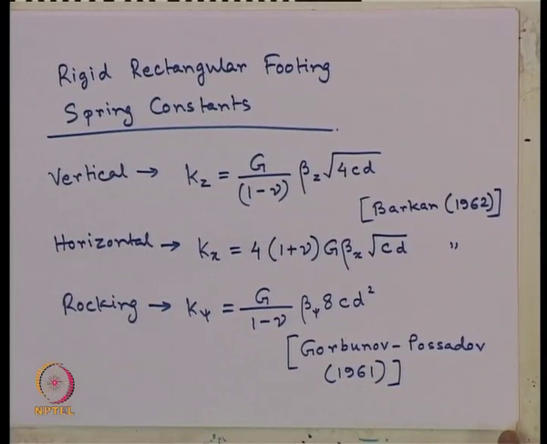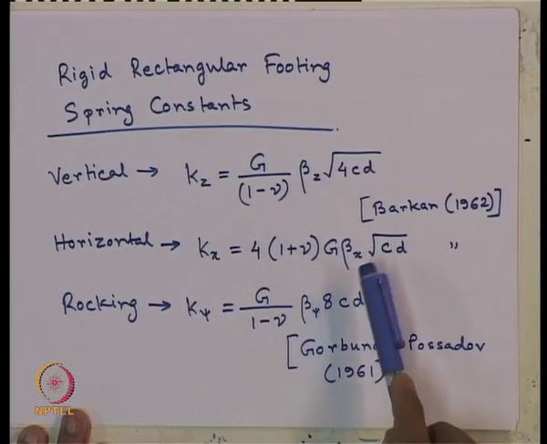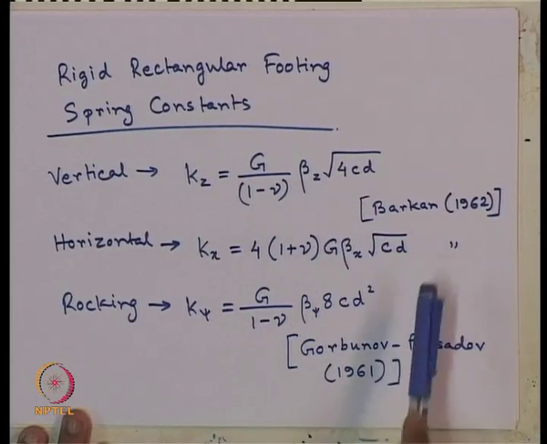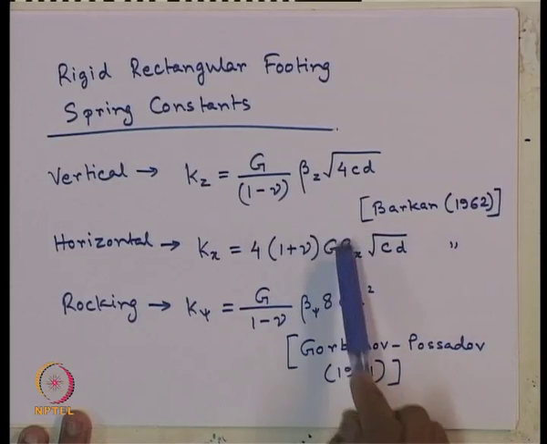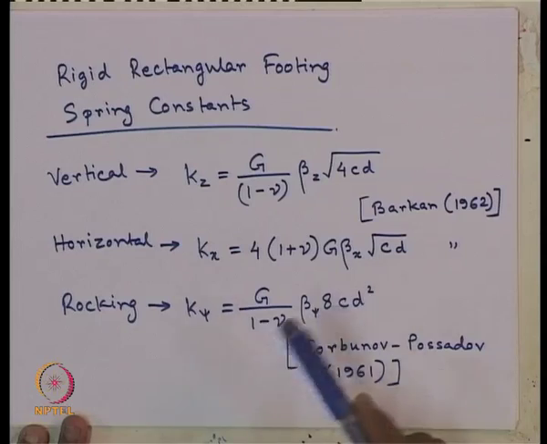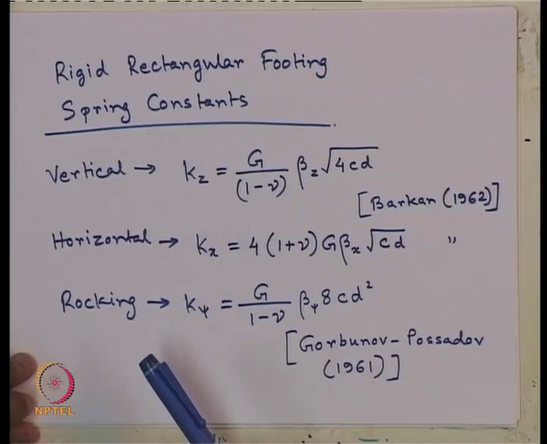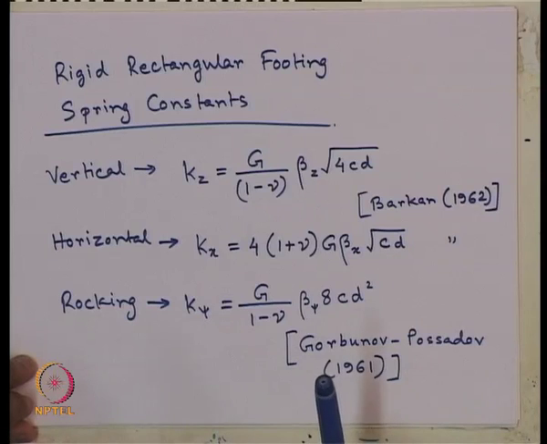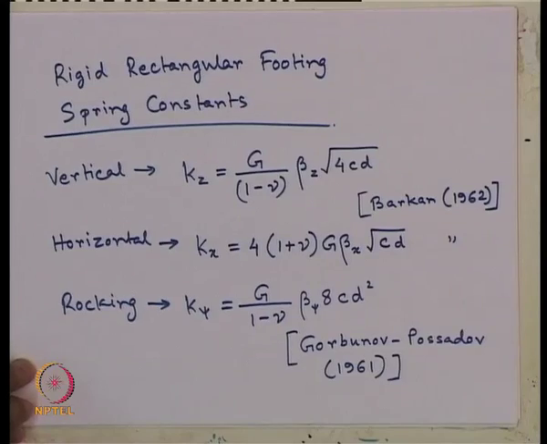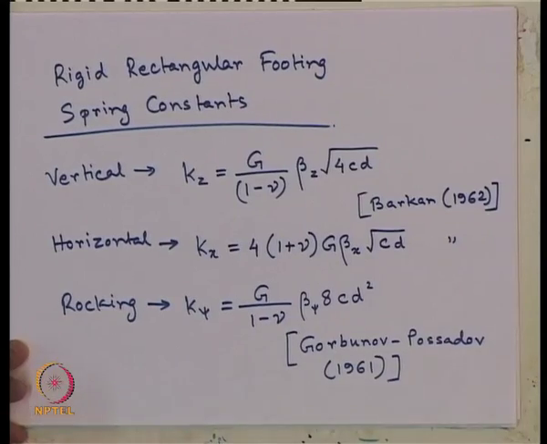So, these expressions are also available, but what generally for design we practice, instead of going for these coefficients, because if you want to use the coefficients, you have to see these references and get this chart for the coefficients. So, better to avoid these expressions and use the simple expression for the circular footing, and in that circular footing you convert the rectangular dimensions to equivalent circular radius and then follow up the calculation. So, I am showing this methodology is also available, but generally in practice we do not adopt this one. Okay.